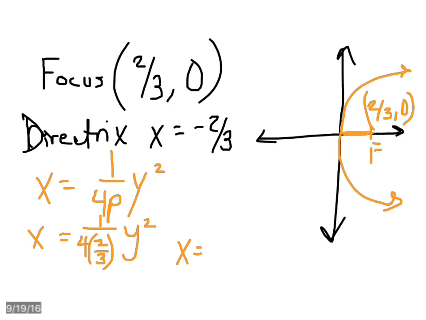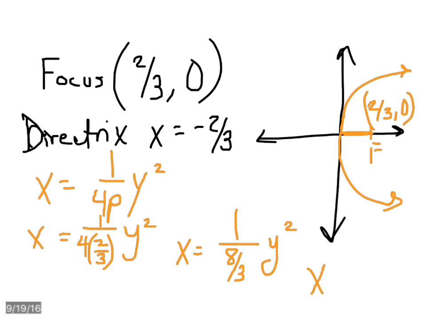What's 4 times 2/3? 8 over 3. Now here's where it gets to look a little goofy. 1 divided by 8/3. Do you like to have a fraction inside of a fraction? No. So in order to get rid of that, you multiply by the reciprocal of the bottom. What's the reciprocal of 8/3? 3/8.